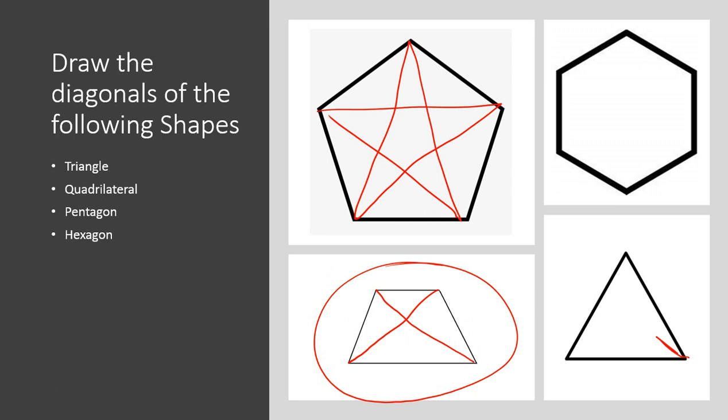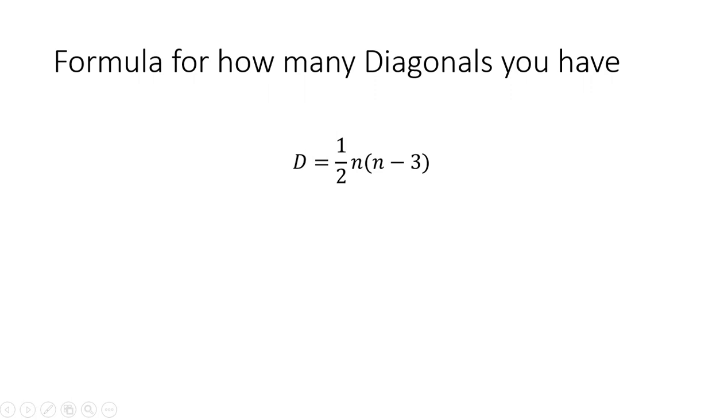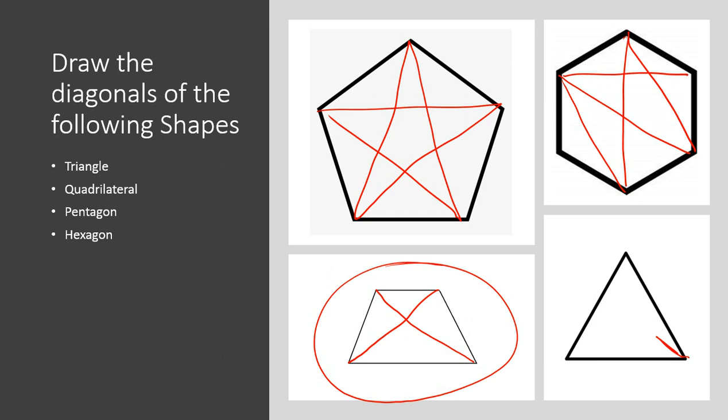Now we move on to the hexagon, and the hexagon gives us 1, 2, 3, 4, 5, 6, 7, 8, 9. So you see the hexagon gave us 9 diagonals. As you see, we went from 0 to 2 to 5 to 9.